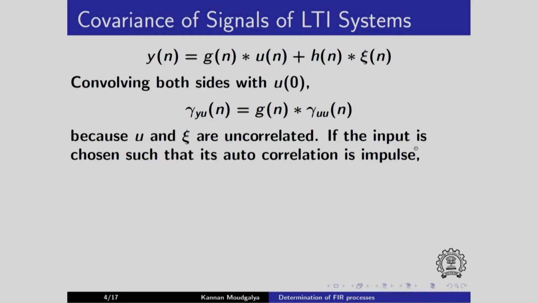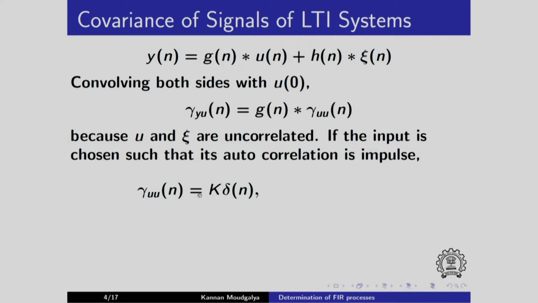Now, if the input is chosen such that its autocorrelation is an impulse, we get this expression. Gamma Uu of n equals k into delta of n. Namely, if this n is anything different from 0, then the right hand side will become 0. And from this, you can determine this gamma Yu.